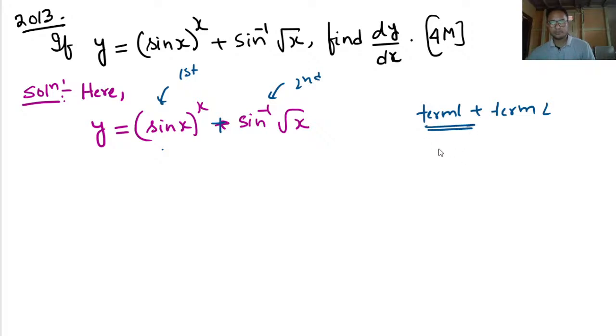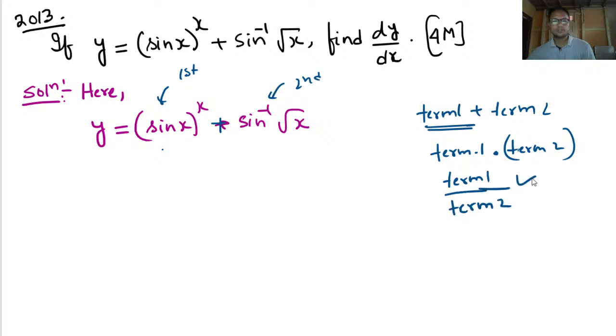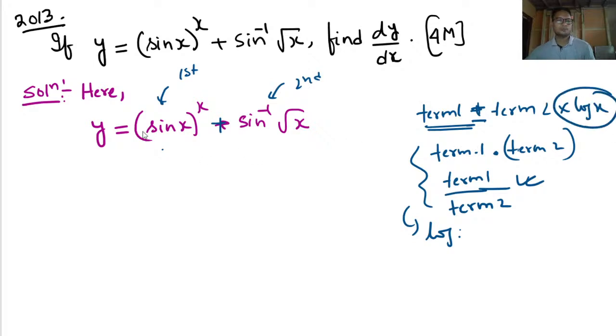We can't have a log when it is term 1 into term 2, or term 1 divided by term 2. There you can take log, but for plus or minus you don't take log. So keep that in mind.